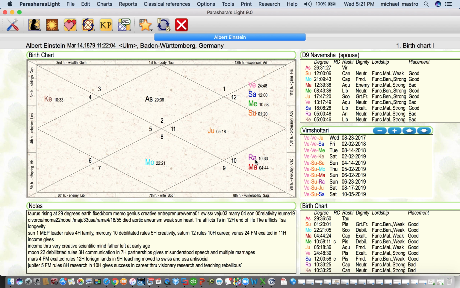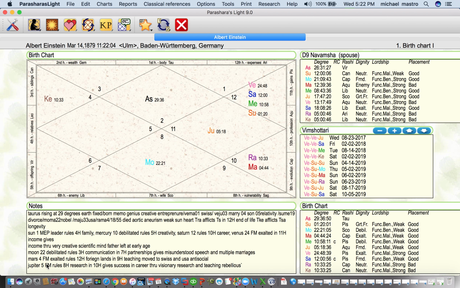Rahu in this house gives desire to teach, and Jupiter is ruling this house, 8th house of research. So scientific research is, and Jupiter is about teaching, and it's in this house of career. So career through teaching and all that.